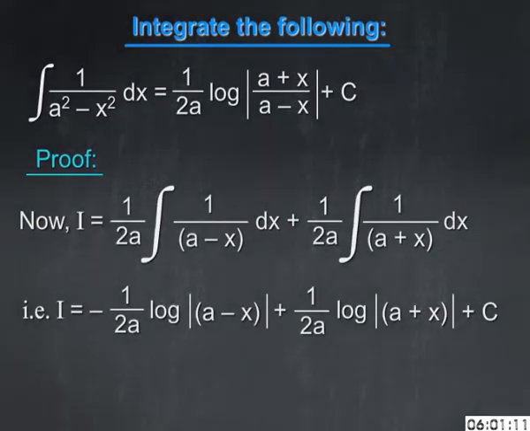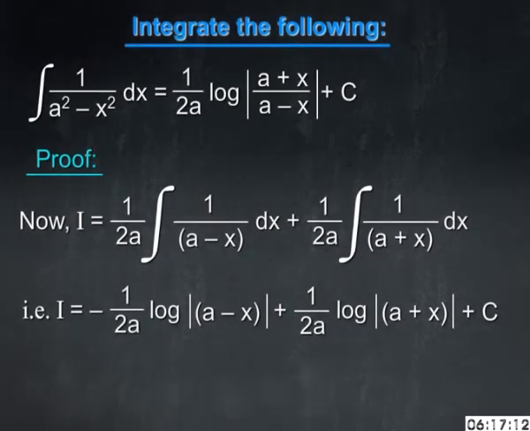That is, I is equal to minus 1 upon 2a into log of mod a minus x plus 1 upon 2a into log of mod a plus x plus c, where c is the constant of integration.